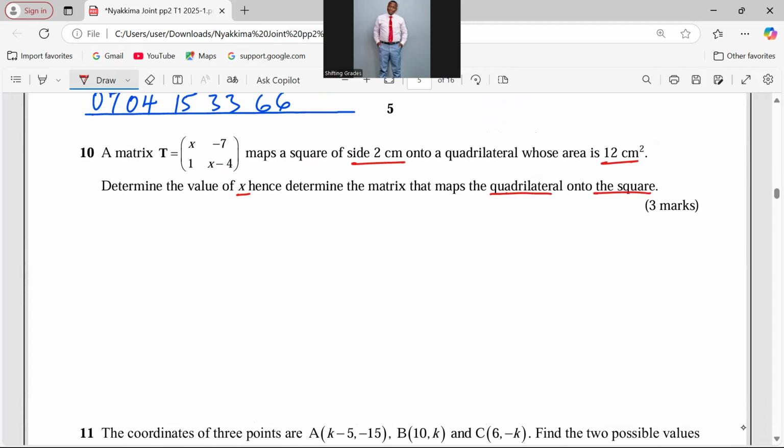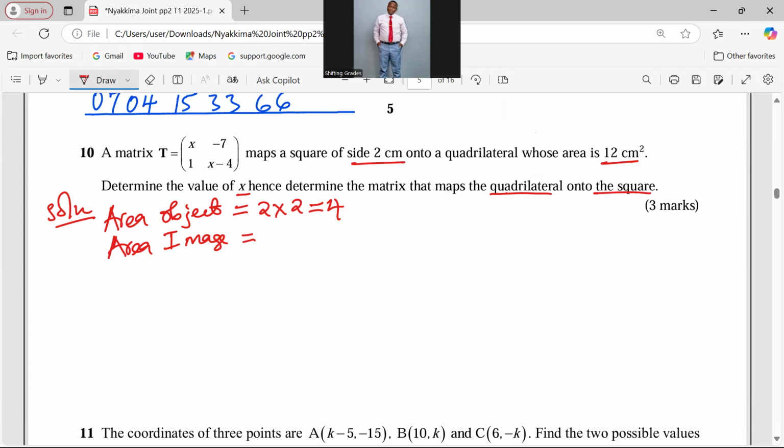All right. This is a very interesting question, whereby I first want you to know that the area of the square, and the square is the original object. Area of object is 2 by 2, which is 4. Area of image is given as 12 square centimeters.